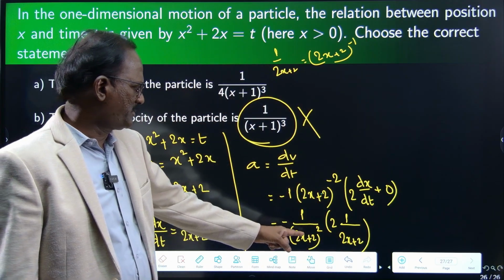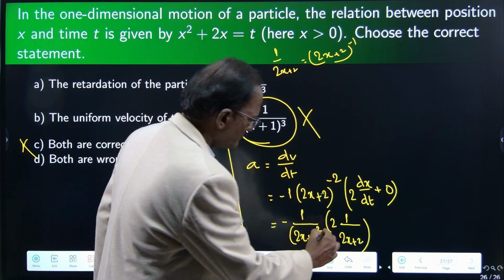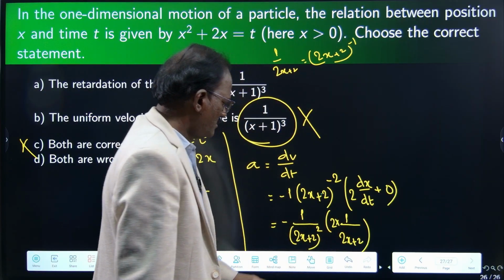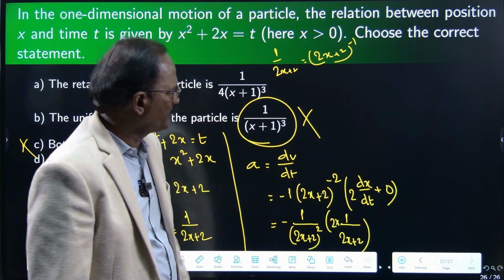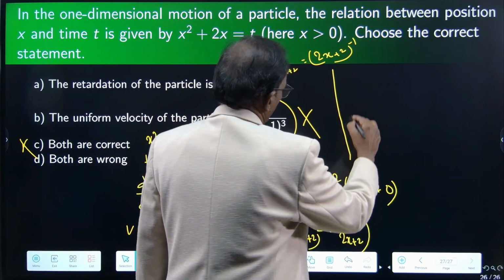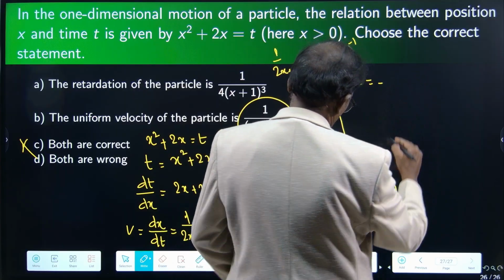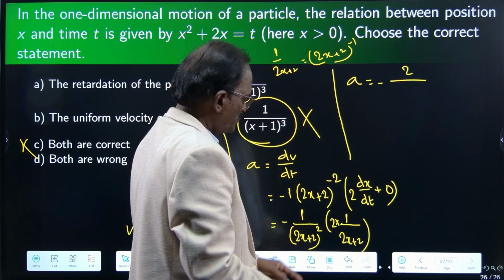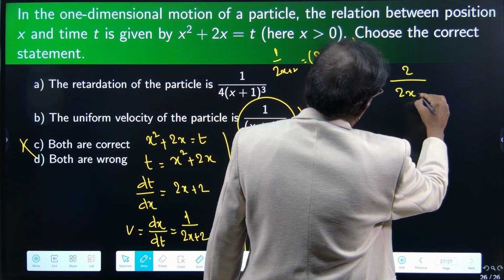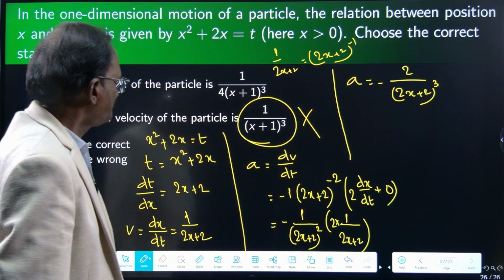So this is (2x + 2) squared times (2x + 2), so cube. a is equal to minus 1 into 2, that is 2, divided by (2x + 2)³. That is our acceleration.